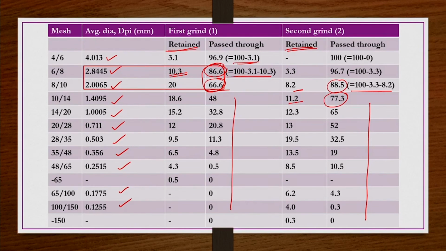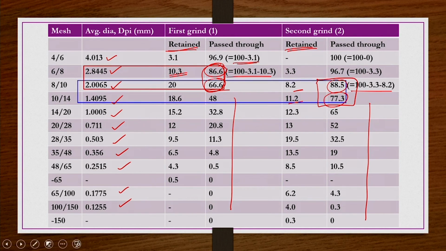You can do the interpolation also, we are not going to do the graphical methodology. Similarly, here in the second case, in between these 88.5 and 77.3, somewhere 80% is passing through, corresponding average DPI we should take as the product DPB.